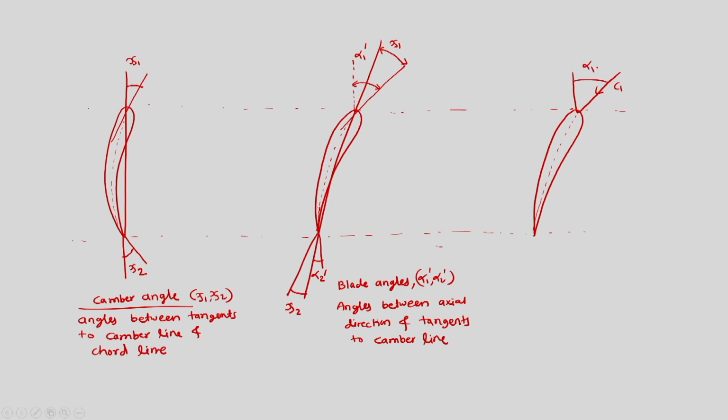So this angle is alpha 1. Similarly, if velocity is leaving, absolute velocity in this direction, and this is alpha 2, this is the axial direction. So we have air angles, which are alpha 1 comma alpha 2. So they are angles between absolute velocity and axial direction.